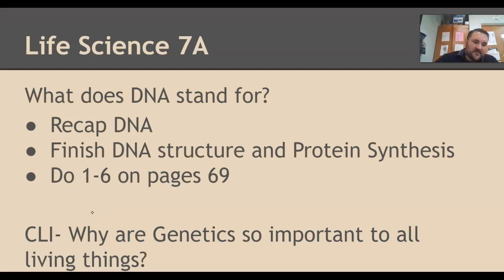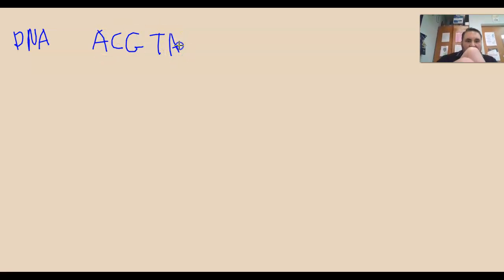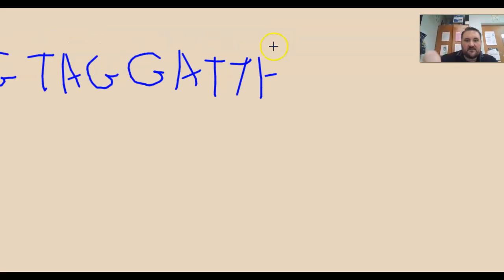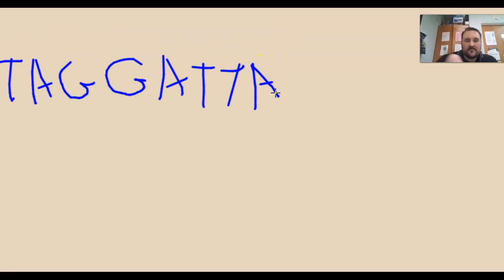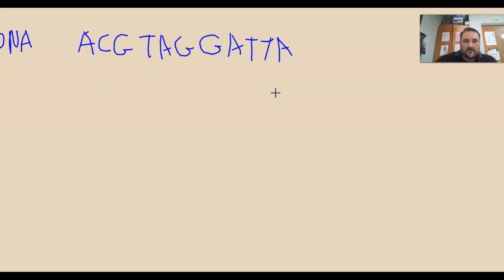So we have a strand of DNA. A, C, G, T, A, G, G, A, T, T. So we make it nice and short.